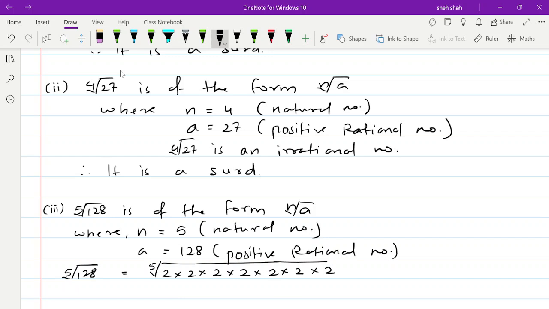This fifth root needs a group of five identical factors inside the root. So one 2 will come out, and under the fifth root, 4 will remain as it is. As we can see that this is an irrational number, the third criteria is also fulfilled. So the conclusion is it is a surd.